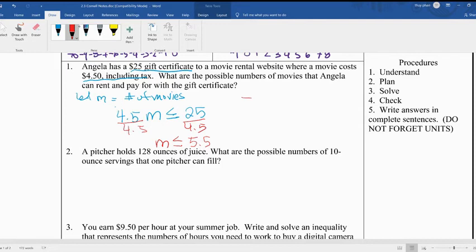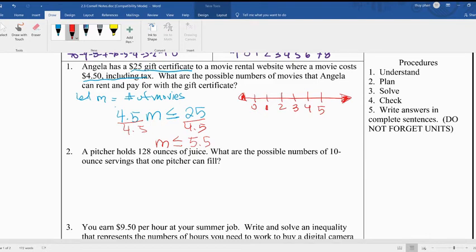So for the possible solutions, I'm going to graph this, and we want to make sure that we include discrete points, which is really important because it's a real life problem.